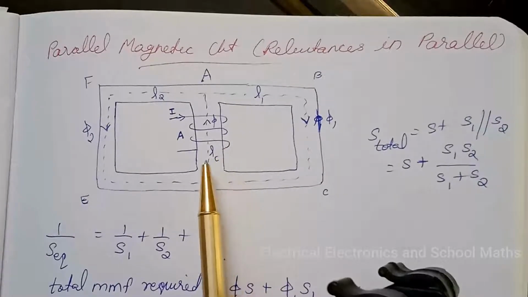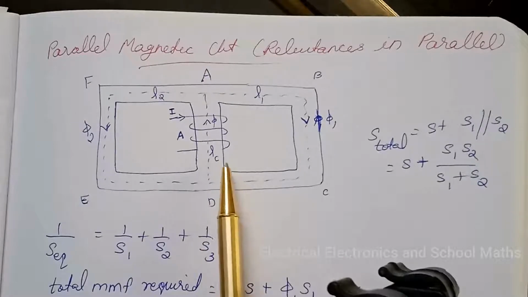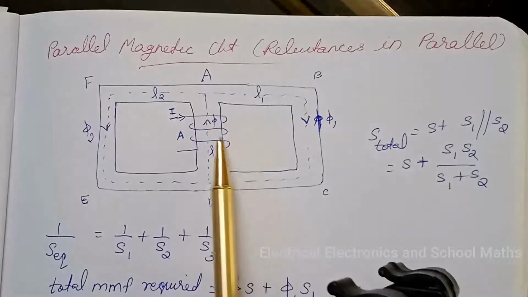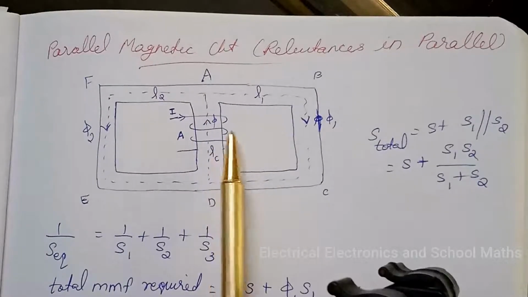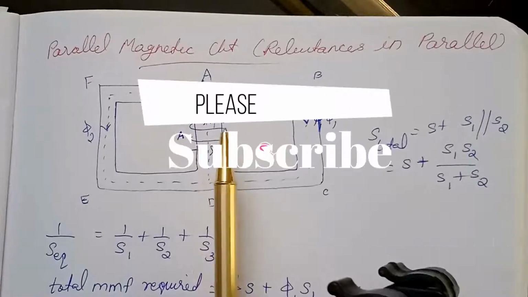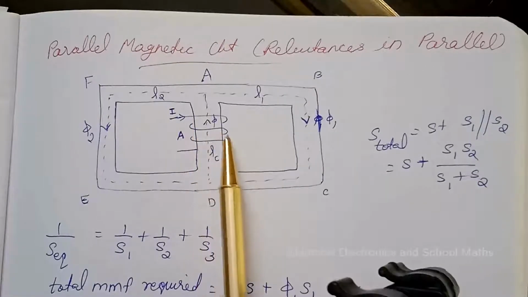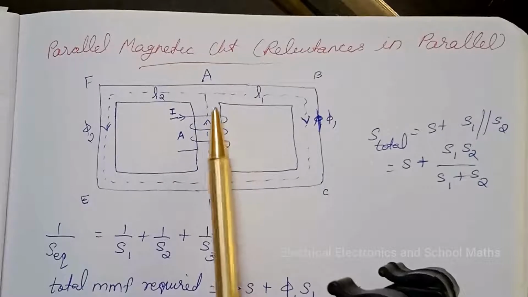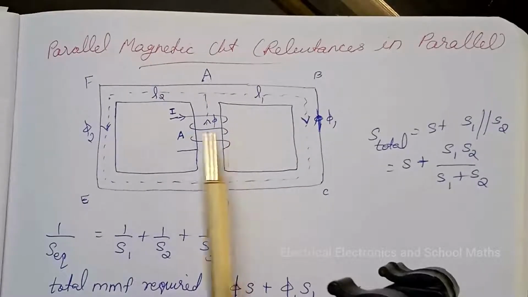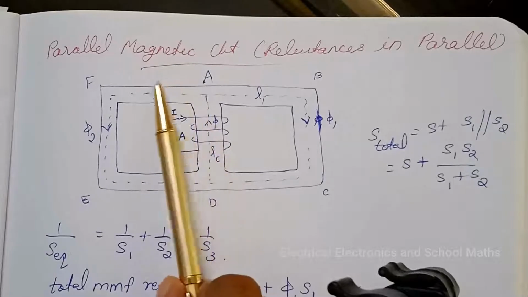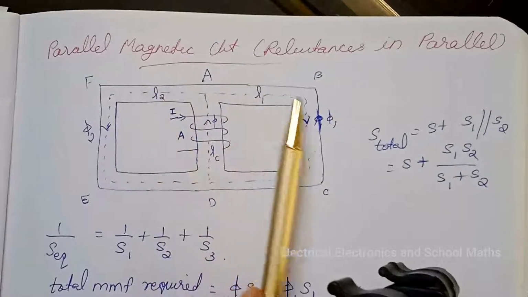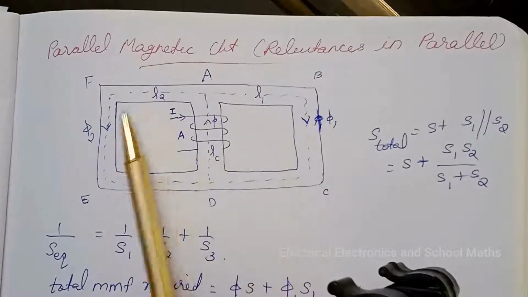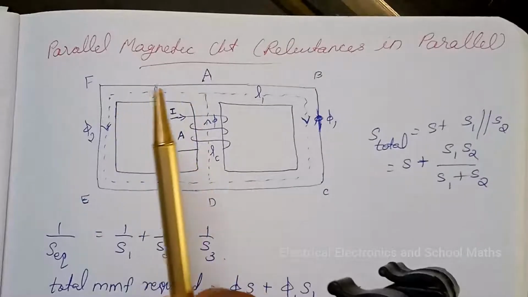The figure shows a magnetic circuit excited by a current of I ampere passing through N turns of the coil placed in the central limb, and the MMF creates a flux phi in the central limb, and this flux is divided into two fluxes phi 1 and phi 2 in the outer limbs of lengths L1 and L2 respectively.